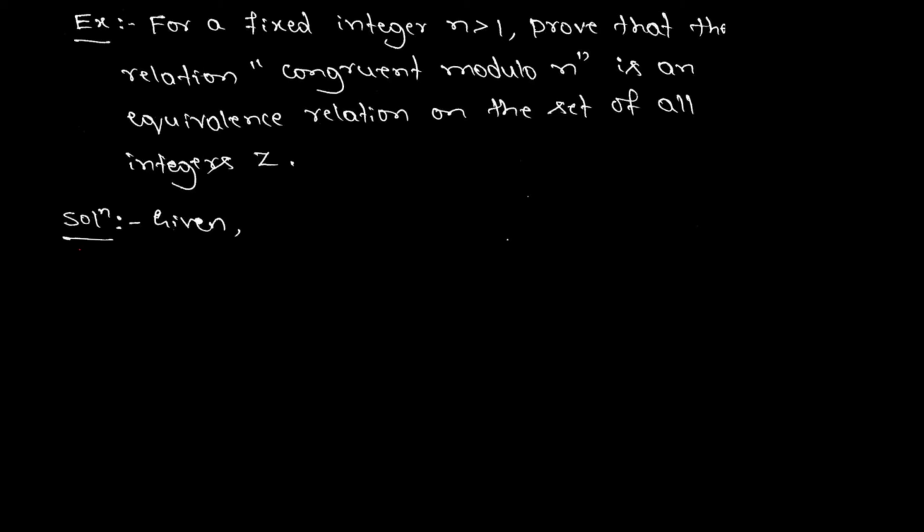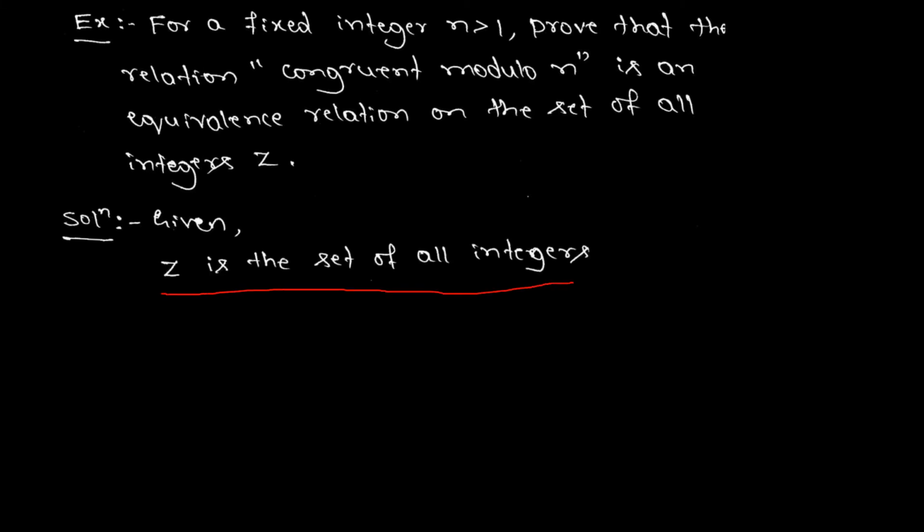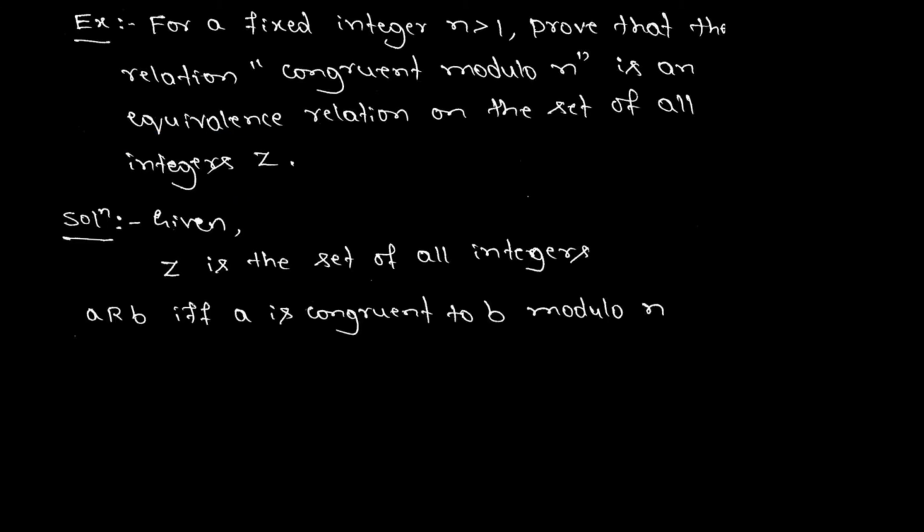Let us take the solution. Given Z is the set of all integers. Here they have given the integer set and they have defined the relation as a is related to b if and only if a is congruent to b modulo n.